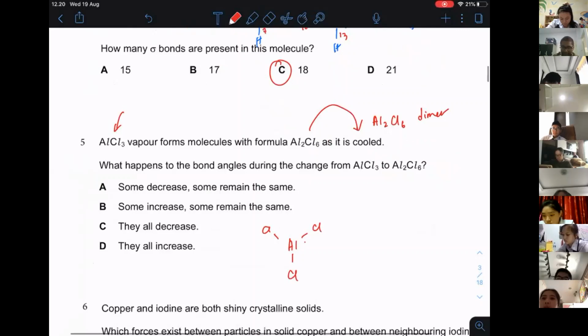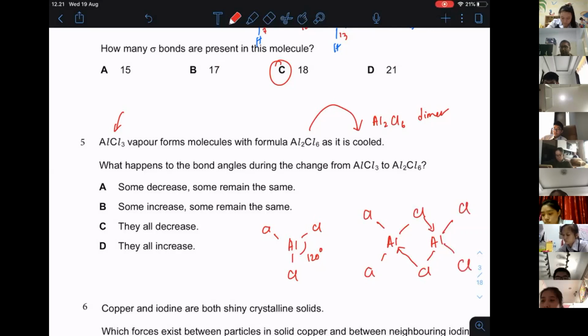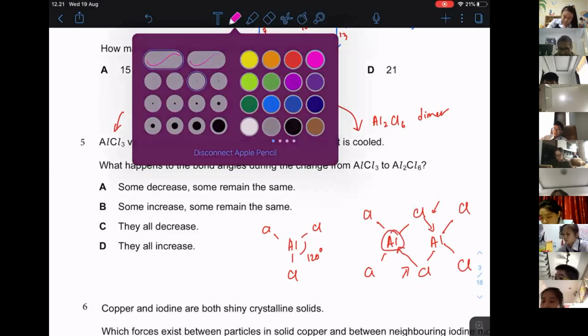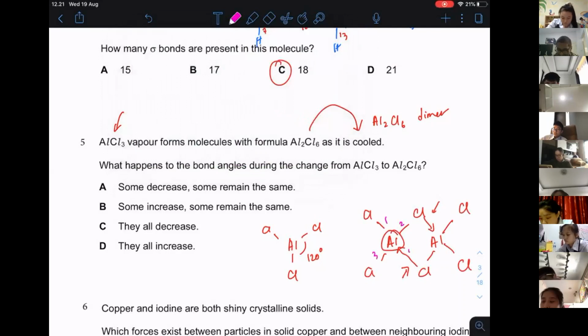So of course the bond angle is going to be 120 degrees. But if you have Al2Cl6, they will form something like this, Cl, Cl, Cl, Al. This one will go here, this one here, Cl, Cl. There are going to be dative bonds here. But what happens surrounding the aluminium? You have a total of 1, 2, 3, 4 bondings.